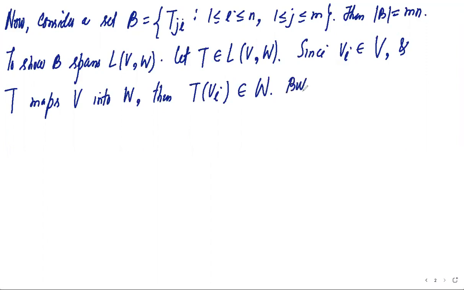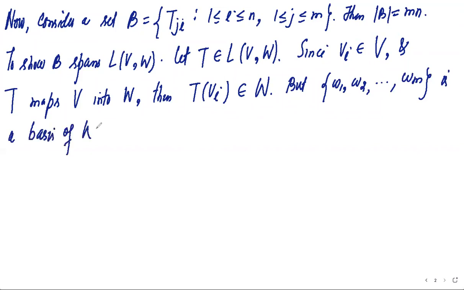But this W1, W2, so on, Wm is a basis of W. Thus, T of Vi can be written as a linear combination, summation j from 1 to m, alpha ji Wj.